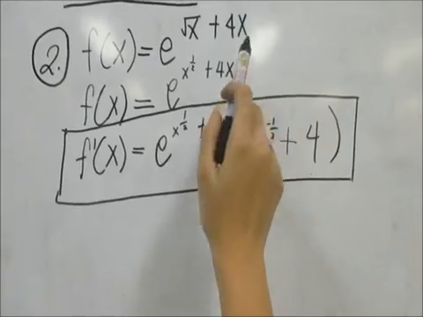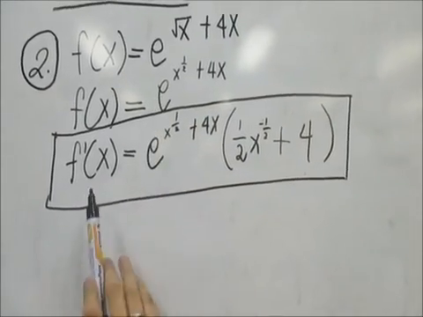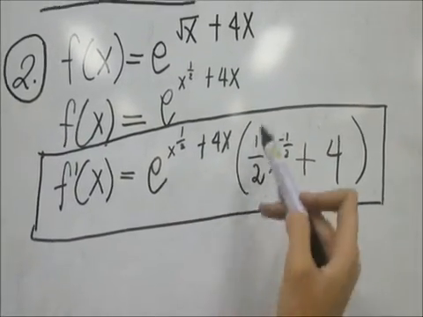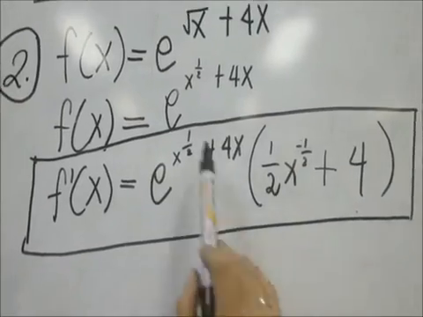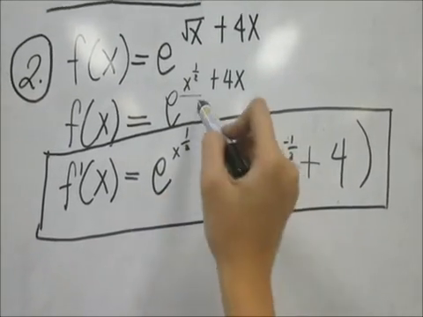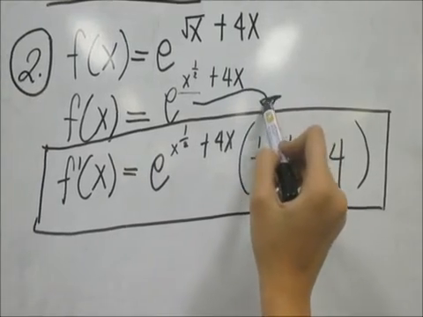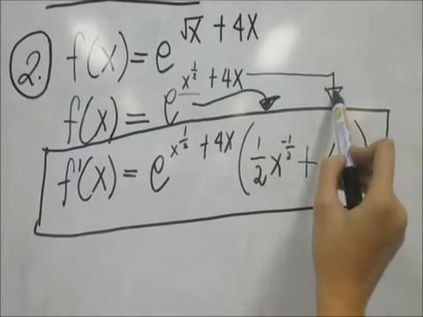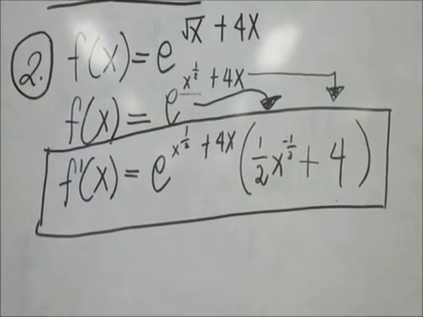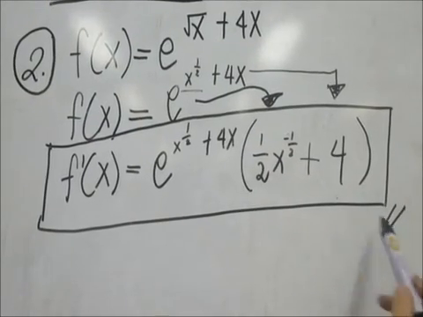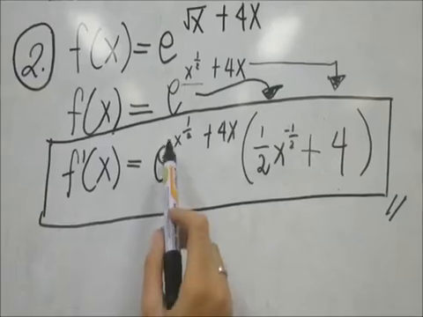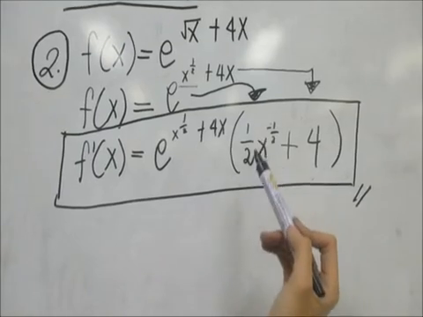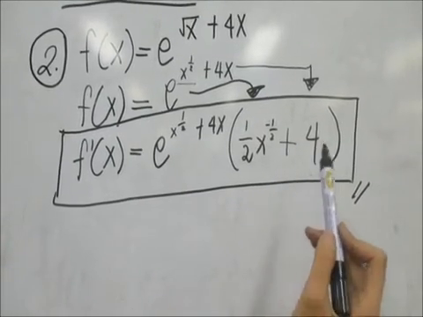For its derivative, we have f prime of x equal to just copy e^(x^(1/2) + 4x) multiplied with the quantity, which we find the derivative first of the first part of the binomial, which is x^(1/2), the derivative is 1/2 x^(-1/2), and 4x, which has the derivative of 4. So the final answer, we have f prime of x equal to e^(x^(1/2) + 4x) times the quantity 1/2 x^(-1/2) + 4.